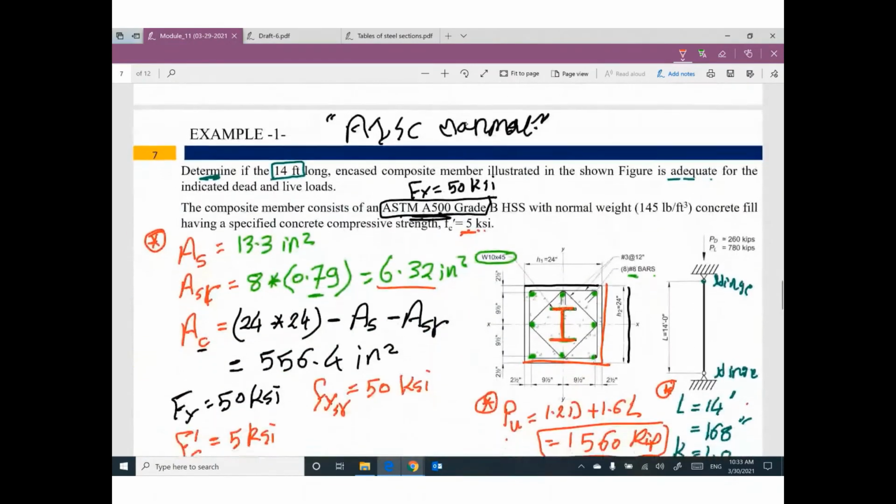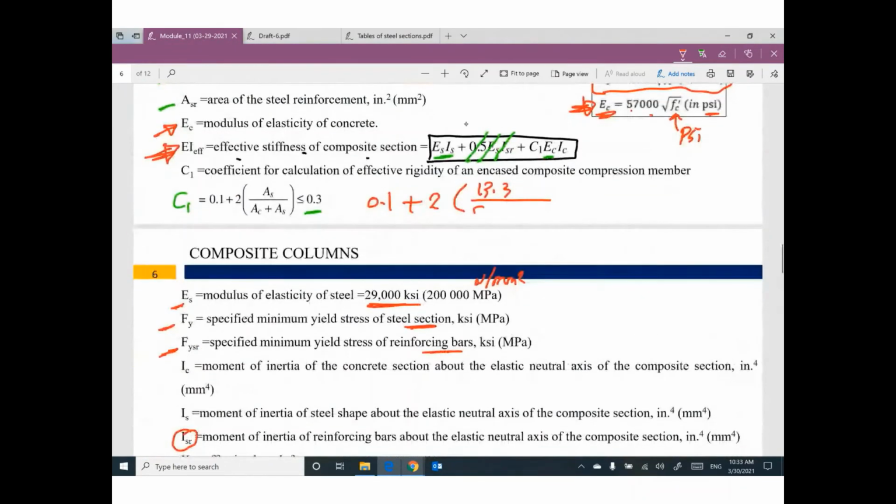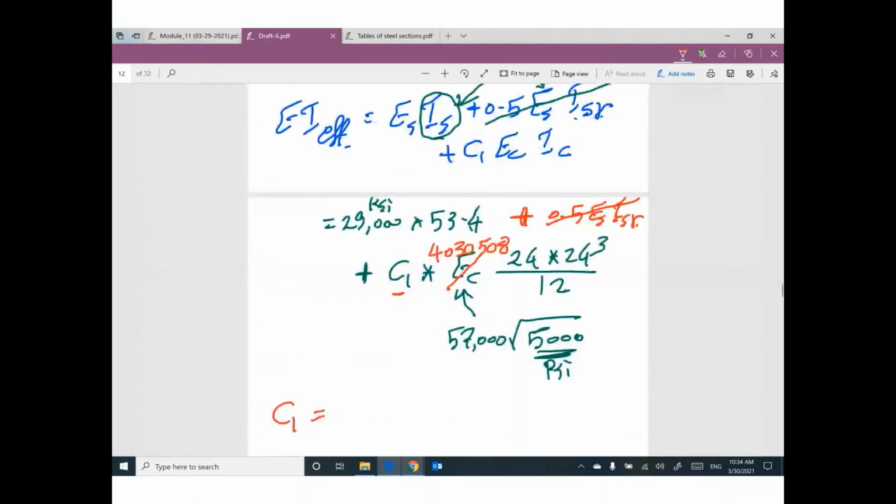What is the value of area concrete? 556.4 plus 13.3. This value equals 0.14, which is smaller than 0.3. We are good. So C1 equals 0.14.